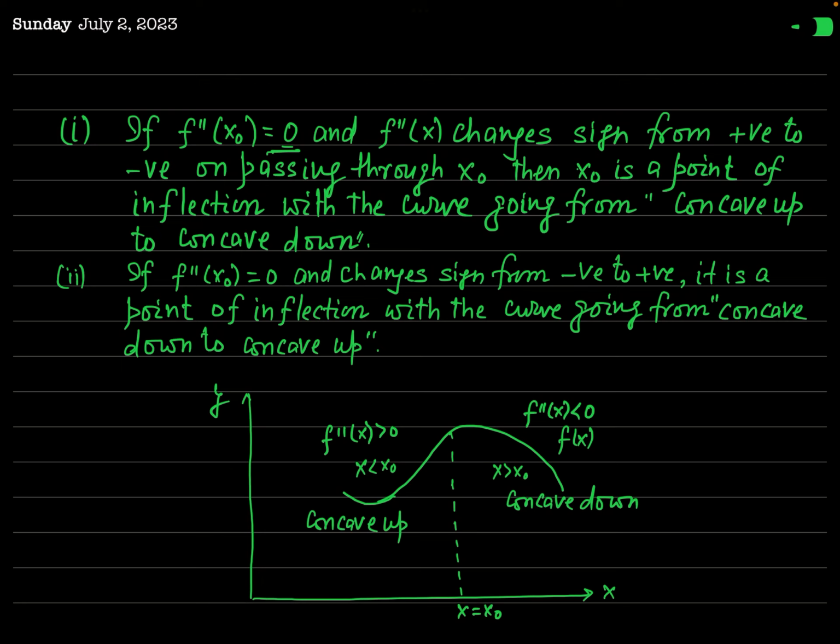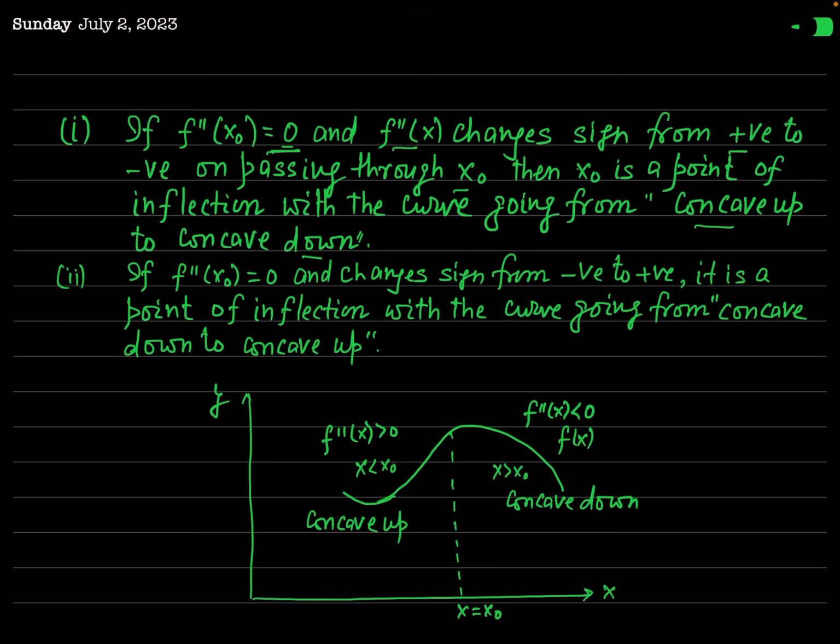And if the sign of f double dash of x changes from positive to negative on passing through x naught, then this point x naught is a point of inflection with the curve going from concave up to concave down, as you can see in this figure.